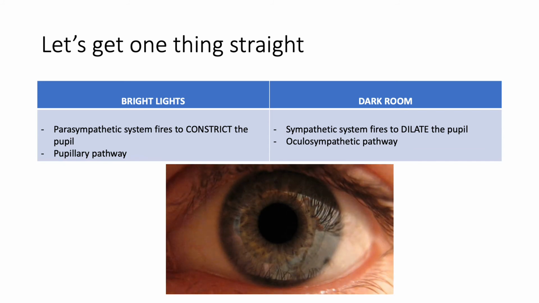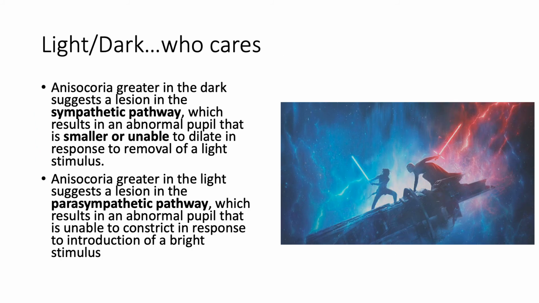When you think about it, it's quite amazing that all of these neuronal connections and all of these reflexes can happen so quickly. But you might be asking, well, who cares? Light, dark, whatever. So anisocoria, or a pupillary difference that's greater in the dark, suggests a lesion in the sympathetic pathway, where the result is an abnormal pupil that is smaller or unable to dilate in response to the removal of a light stimulus.